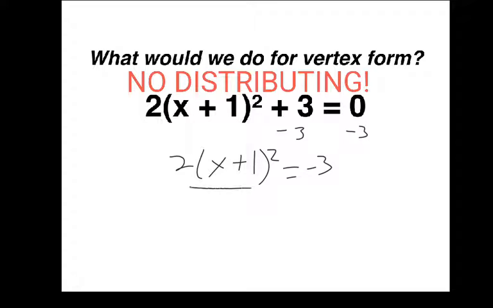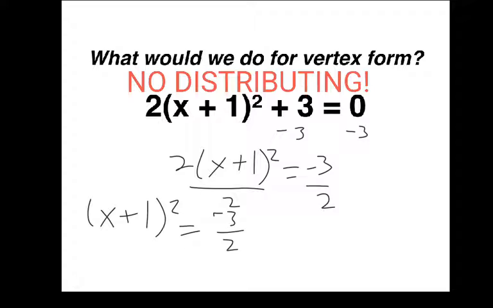I'm going to divide both sides by 2 because I want to get that x all by itself. I end up with x plus 1 squared equals -3 over 2. God, I said it was ugly, and it's going to be.